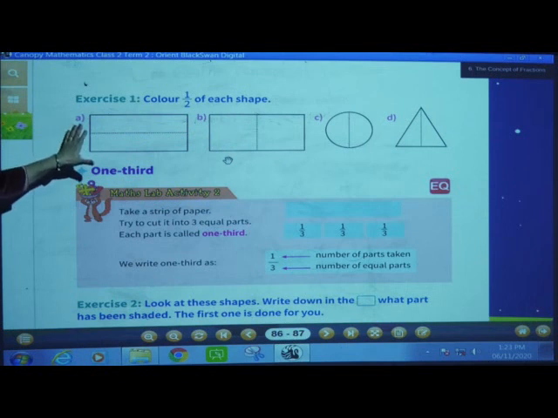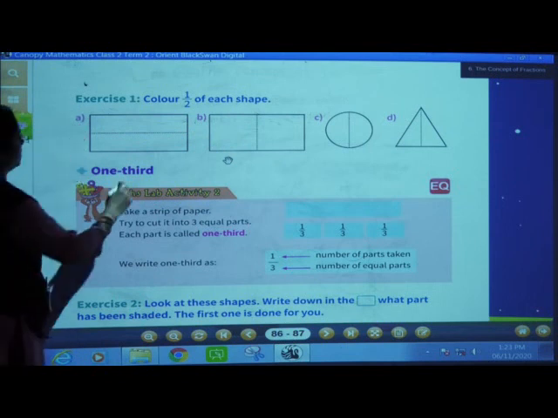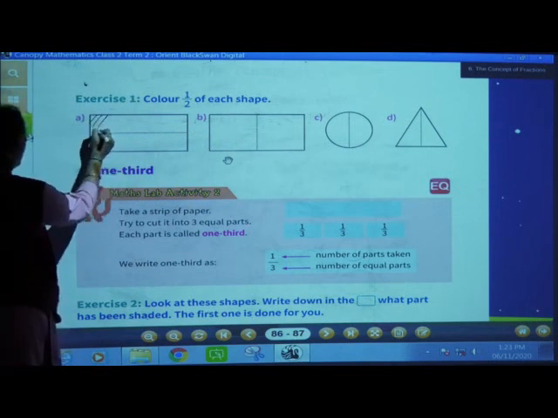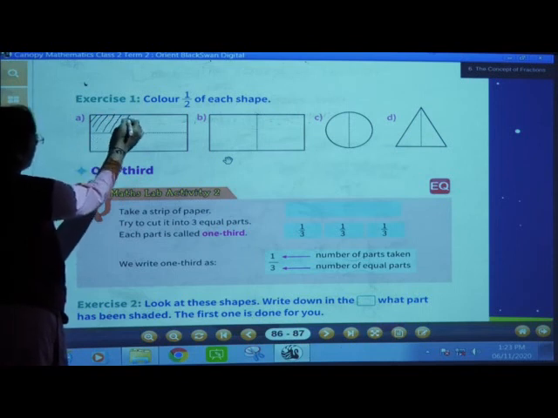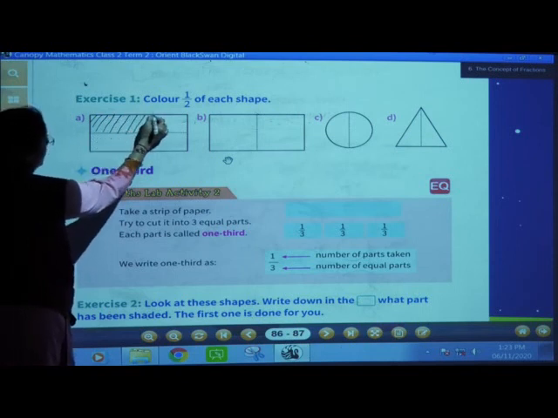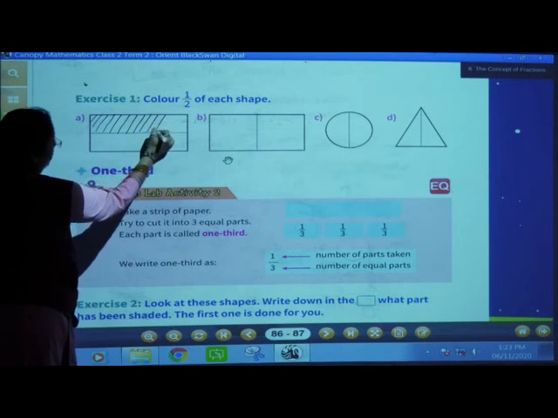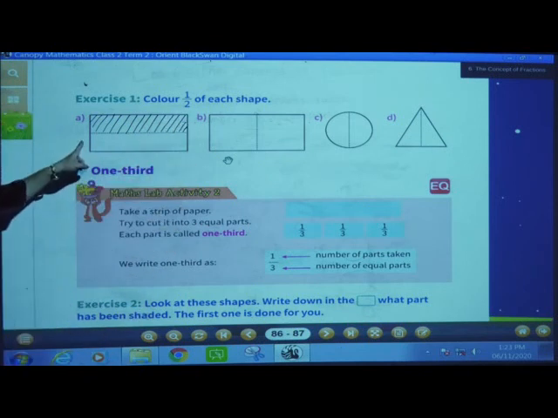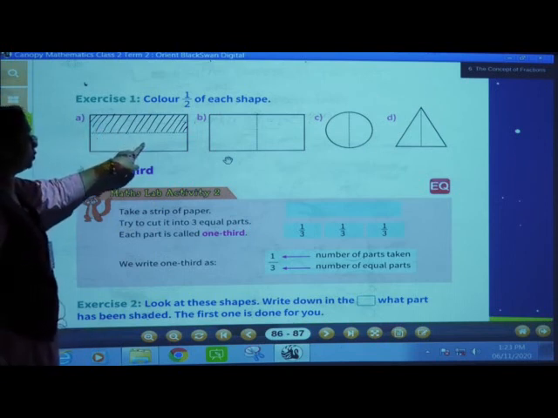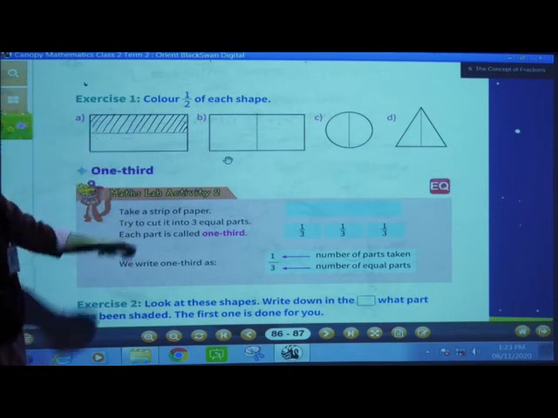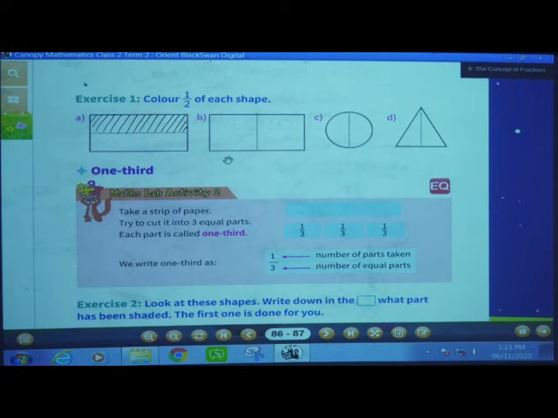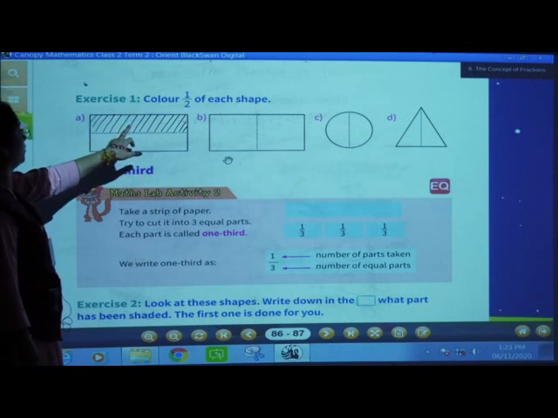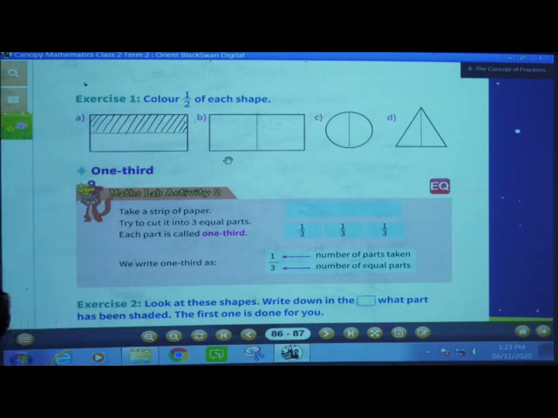First one, we have to color half part of each shape. Here total equal parts 2 and 1 number of parts taken. So I have colored half.